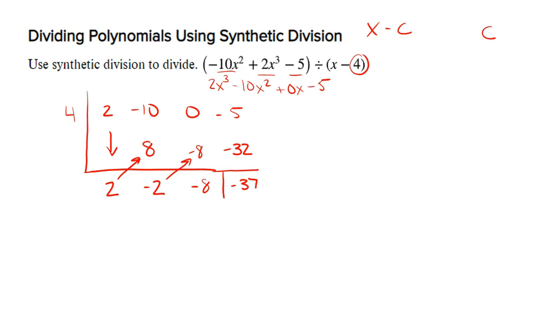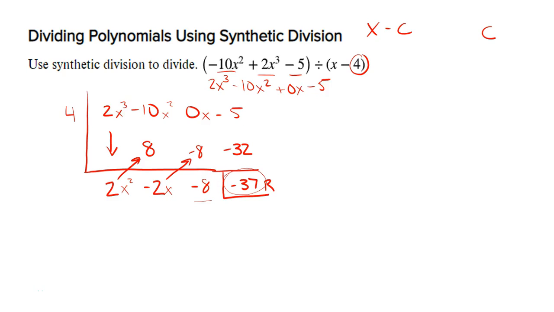When we reach the end, this number is our remainder. What we started with was 2x cubed minus 10x squared plus 0x minus 5. And when we divide, the power reduces by 1 each time. X cubed becomes x squared. X squared becomes x. X just becomes the constant, minus 8, and then the last column is our remainder.